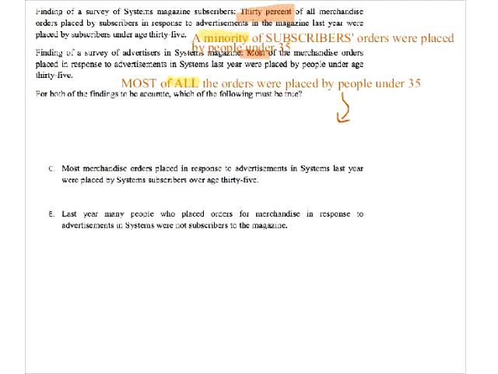So there must have been a huge number of non-subscribers under 35 ordering items. So that's E.